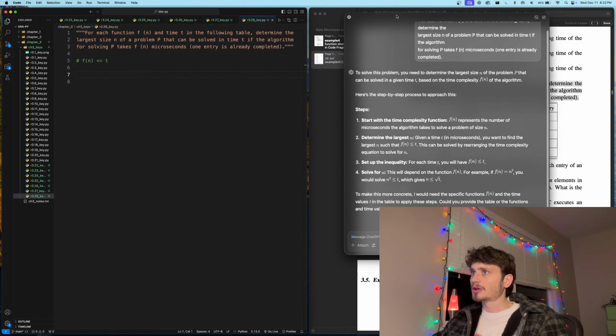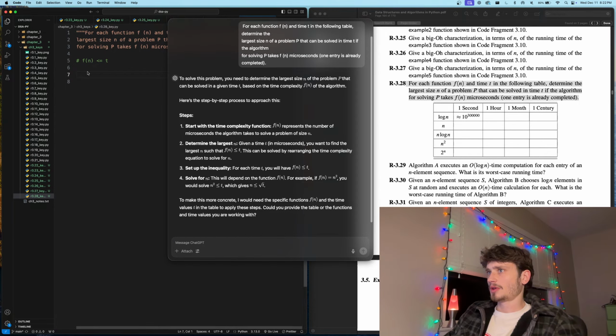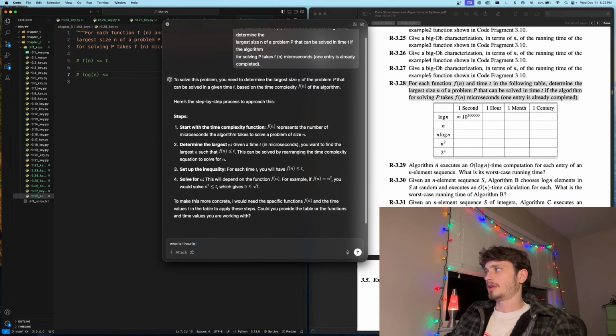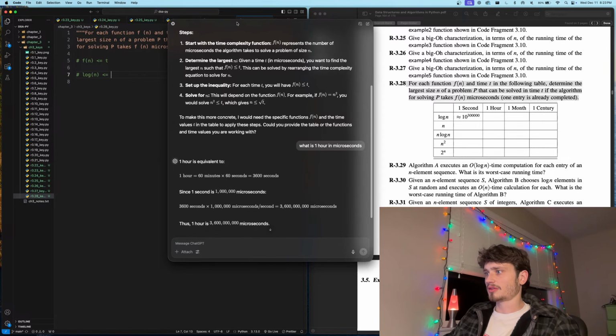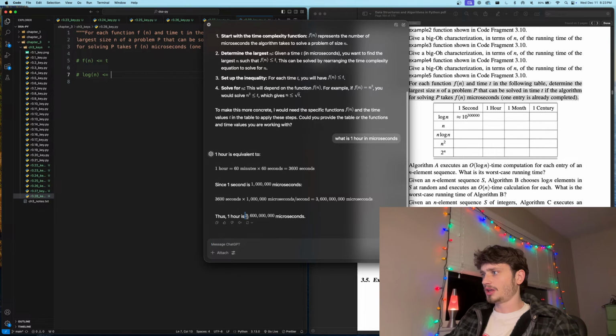For example, in the case of 2 to the n, is less than or equal to t, if t is 1 hour, what is 1 hour in microseconds? 1 million microseconds, no. 3.6 billion microseconds. 3, 6, which is 1 hour.